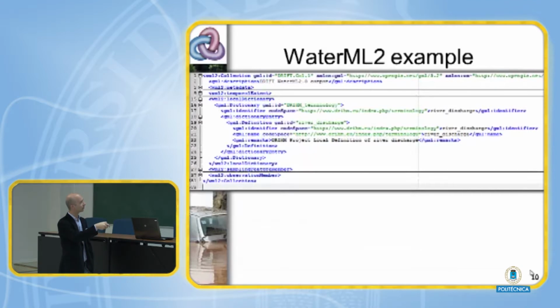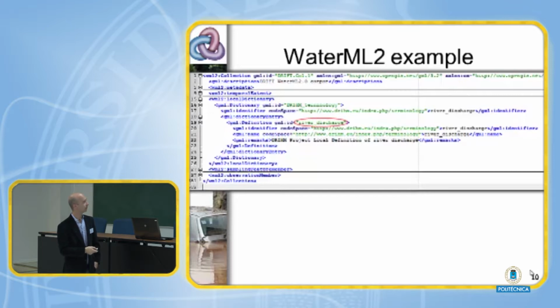Then we have a block that uses the word river discharge as defined within the DRIHM project, so it's a vocabulary. In the end, you want to refer to river discharge in an international standardized vocabulary, but for the time being we've selected a local one.